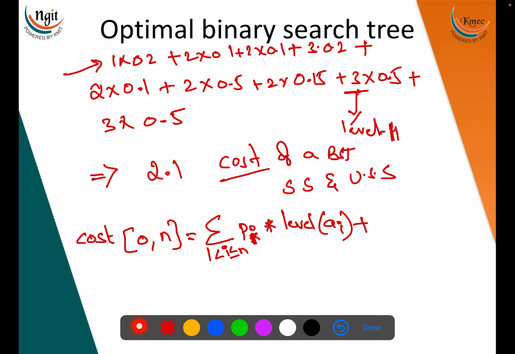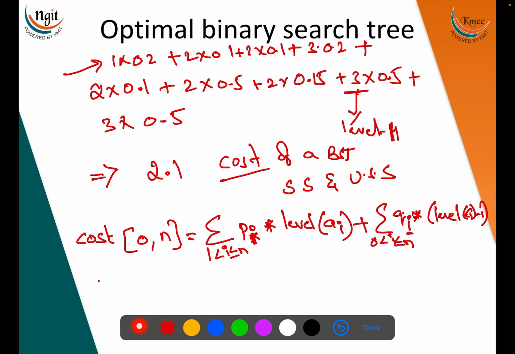the unsuccessful part: qi into level of ei minus 1. For this, i starts from 0 and goes up to n.